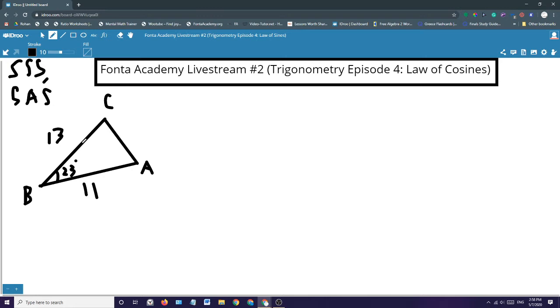So we want to find angle B. This is C, and this is A. We don't know what B is yet, so let's try to find it.